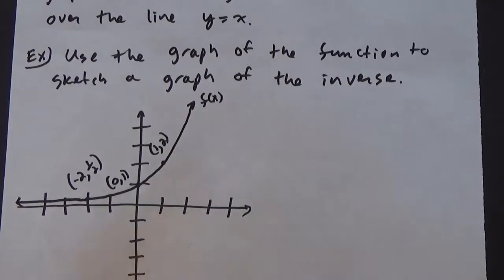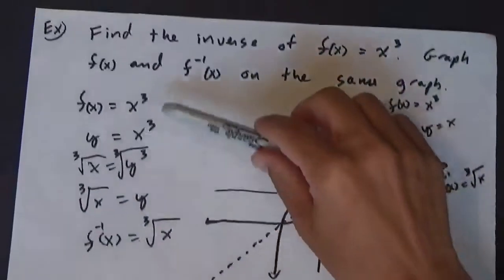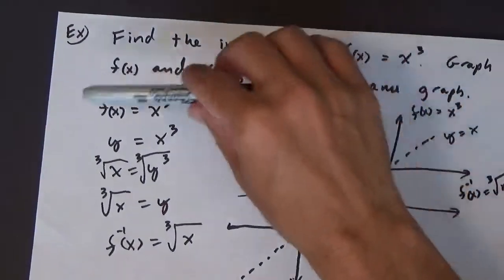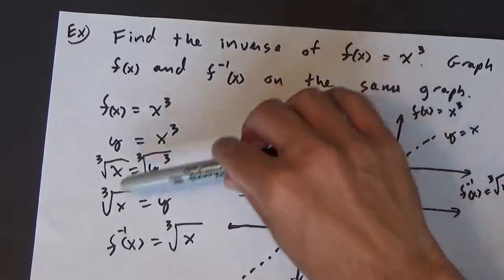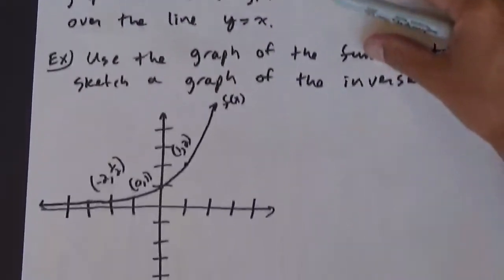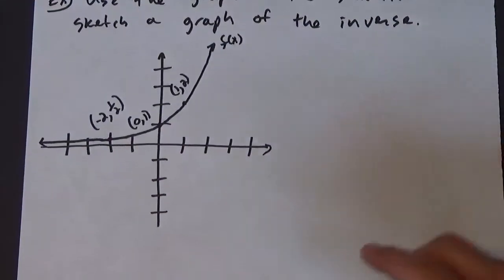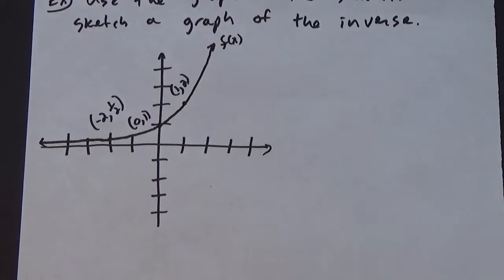Now, the issue is we don't have an actual function. We don't have an equation to work with. So we can't do what we did up here, where we put in y, interchange x and y, and solve for y. That's not an option. And this is fairly applicable, because if you ever work in a field in science where you work with data, you're not going to have an equation.